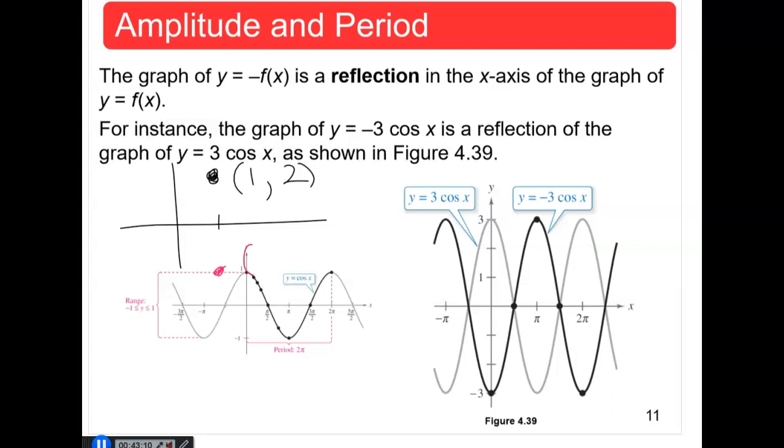The x-coordinate is still the same, but the y-coordinate is the one that changes. So whenever we do a reflection across the x-axis, the sign that changes from positive to negative or from negative to positive is the y value, or the output. And that's why you see here from 2 to negative 2.